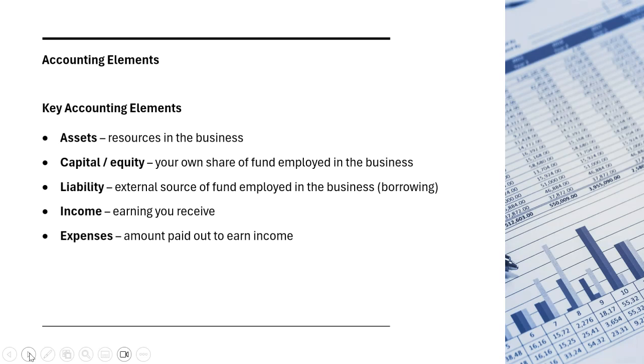The next one is capital or equity. Capital or equity is basically the fund employed in the business by the business owners. The next one is liability. The liability is the external borrowing by the owner of the business.